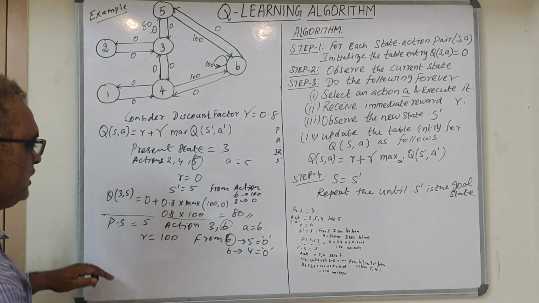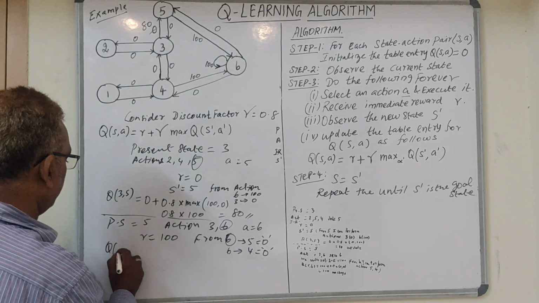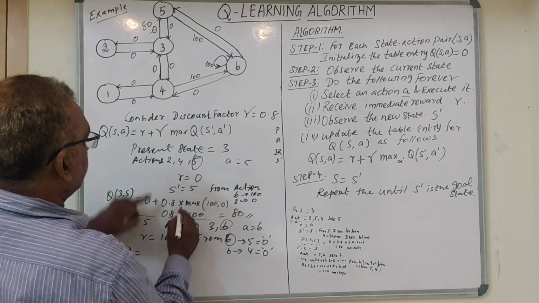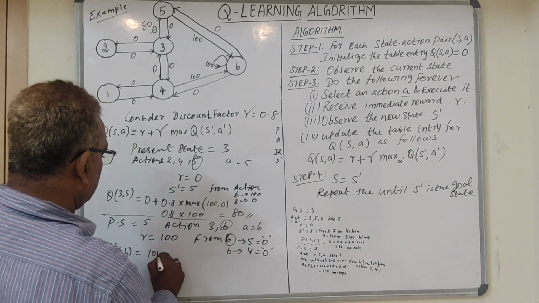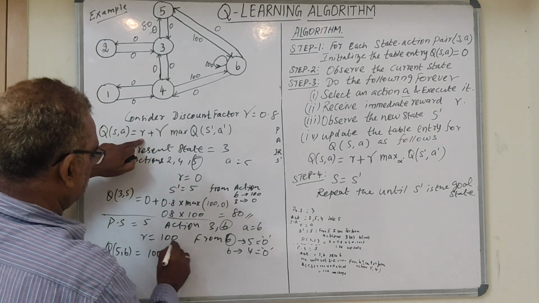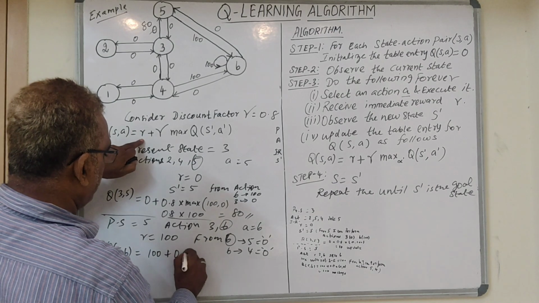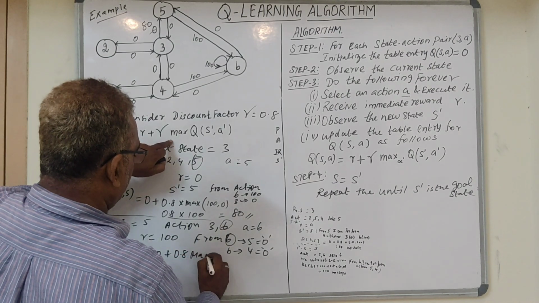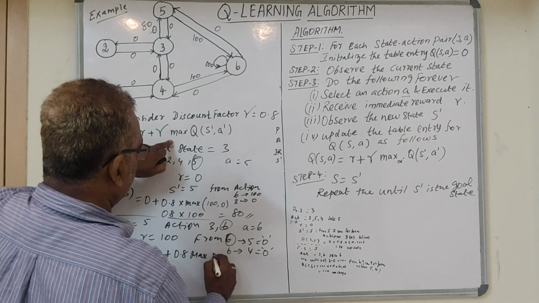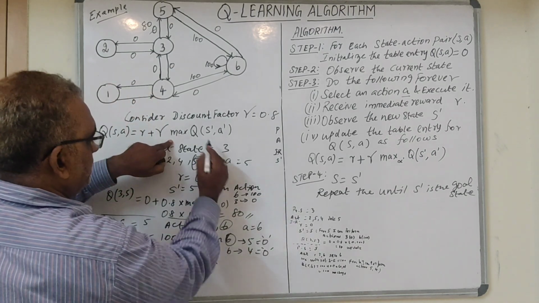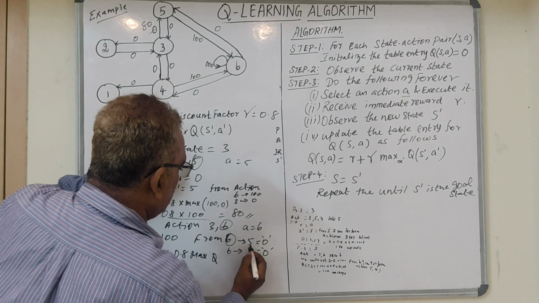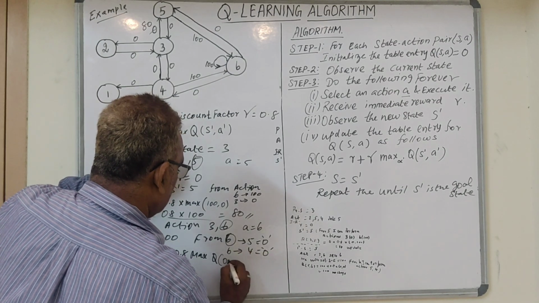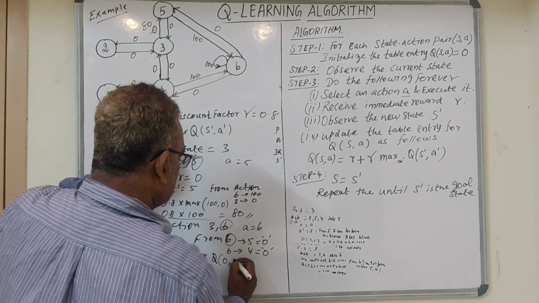Now substitute these values. q of 5 comma 6 is equal to the reward value, r is 100, plus gamma 0.8, then maximum of q for moving from 6 to 5, it is 0, and 6 to 4 it is also 0.